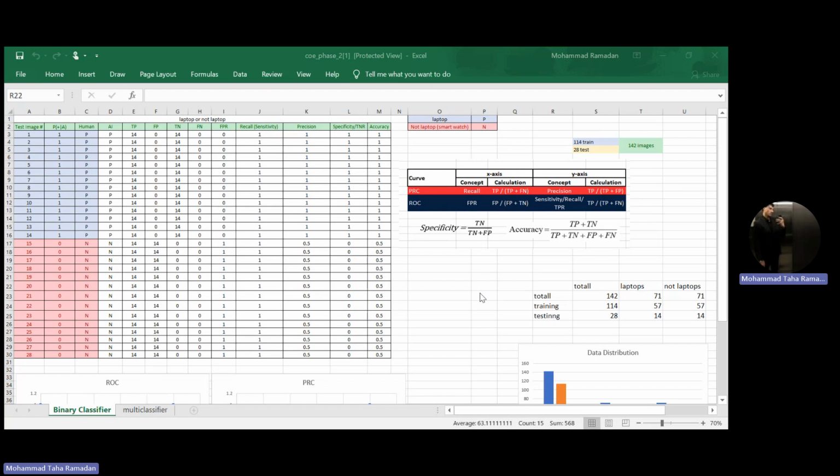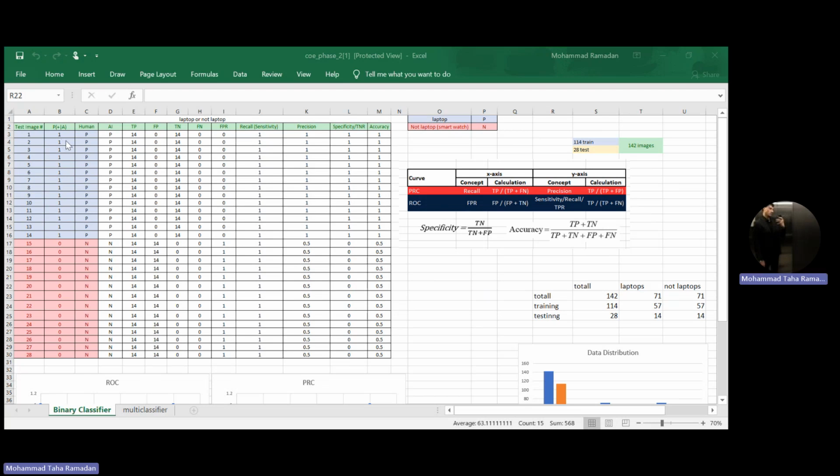Here's what happened. The classifier predicted whether each test image was a laptop or not, as you can see here, a laptop and a non-laptop, which hold P and N. It assigned a probability value representing the probability of the image being a laptop given the data.